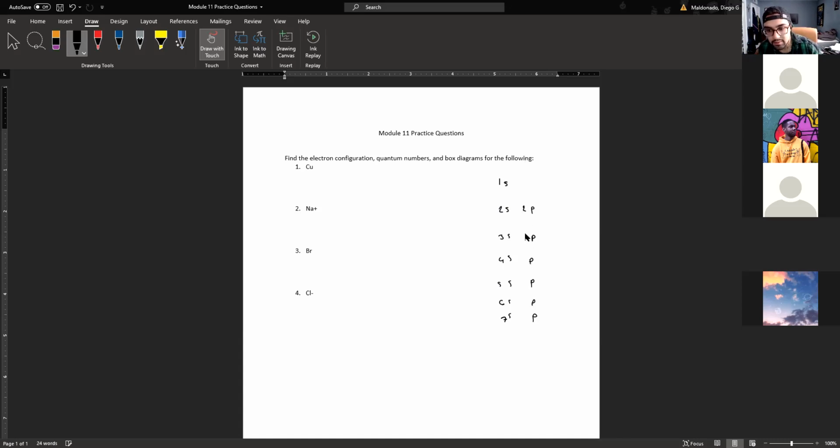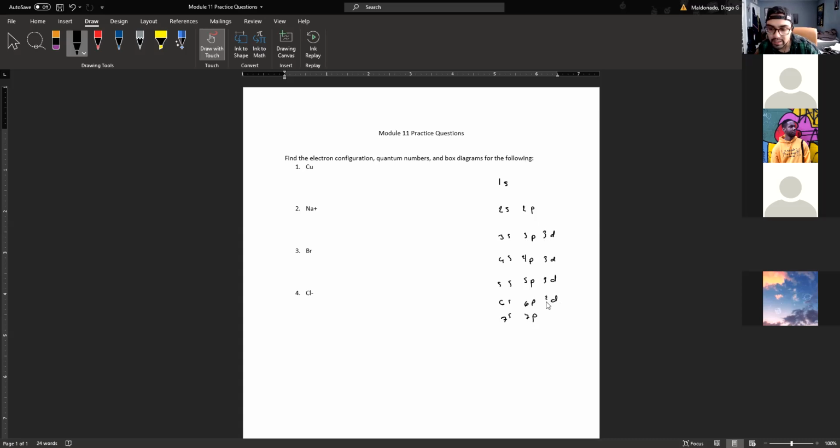So it starts at 2, 3, 4, 5, 6, and 7. And then how many D subshells are there, and what number does it start at? There's 4. And it starts at 3.